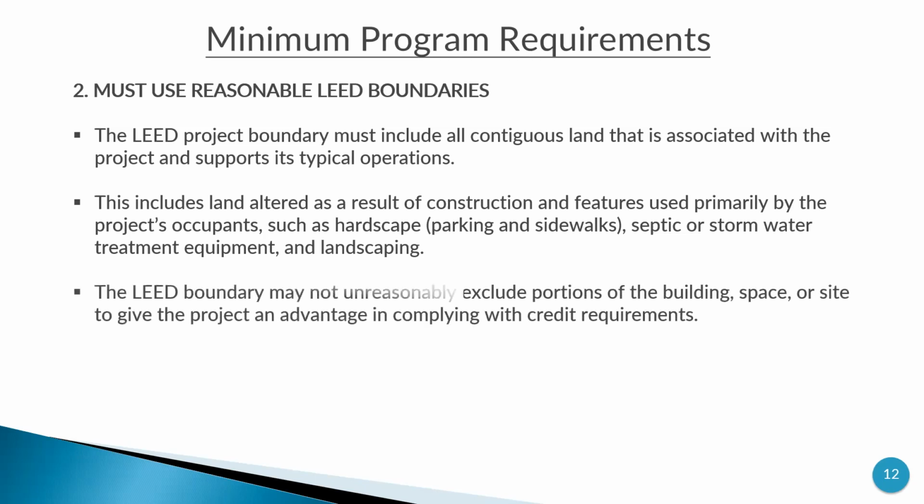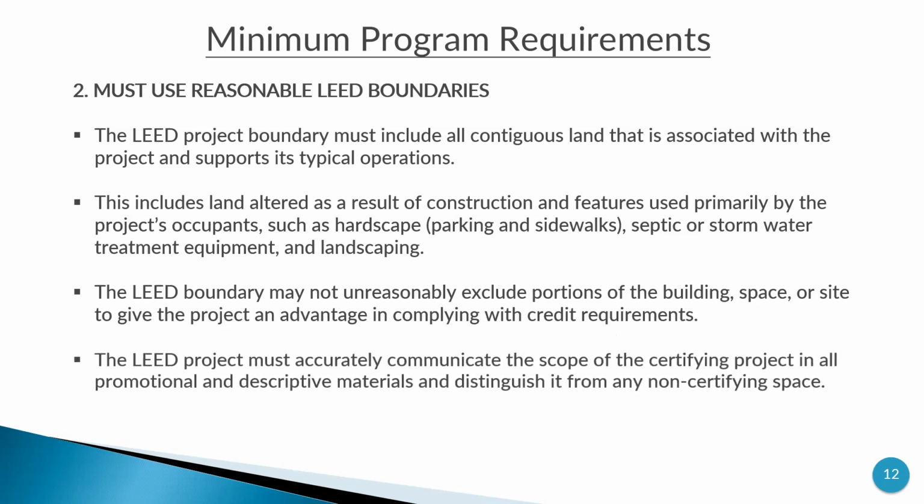Now, the LEED boundary may not unnecessarily exclude portions of the building, space, or site to give the project an advantage in complying with credit requirements. What is the understanding? Say some portion of the site is having an issue. You cannot just simply isolate that area.